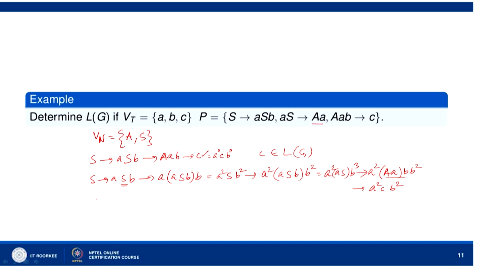Let us see. S goes to a S b. If I replace S by a S b, I will have a a S b b. Then a S I replace with a a, so we will have a a b b, but then a a b goes to c.